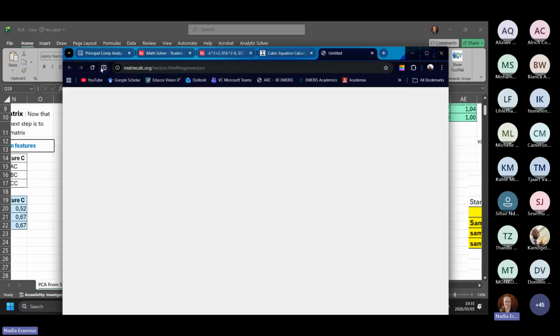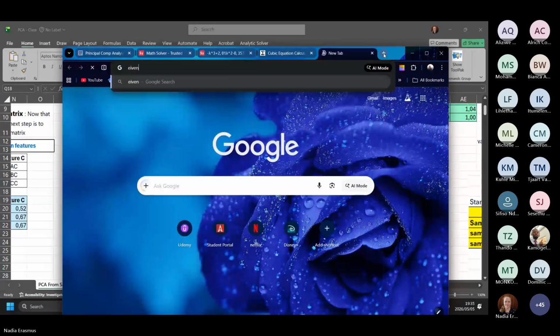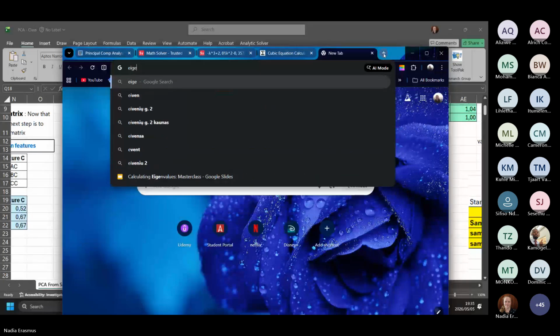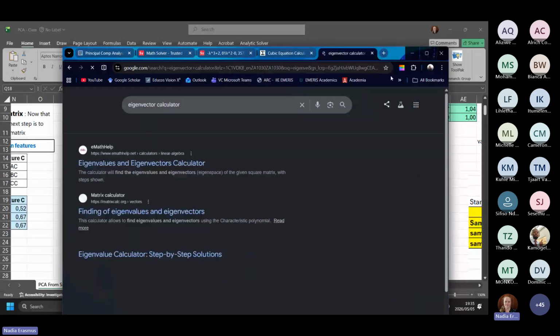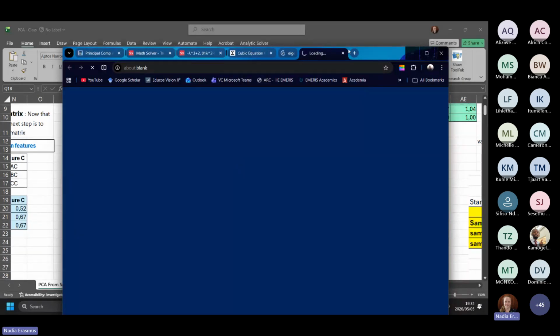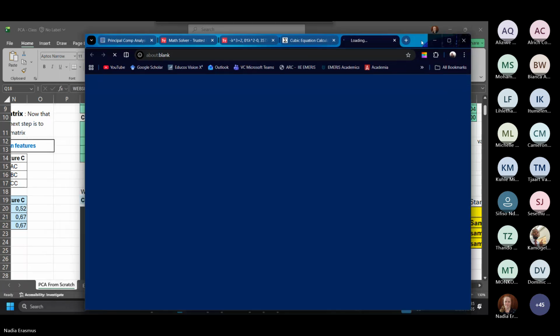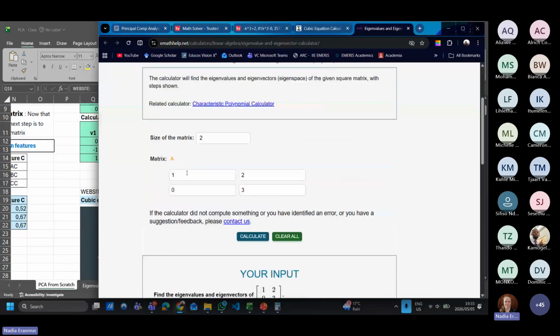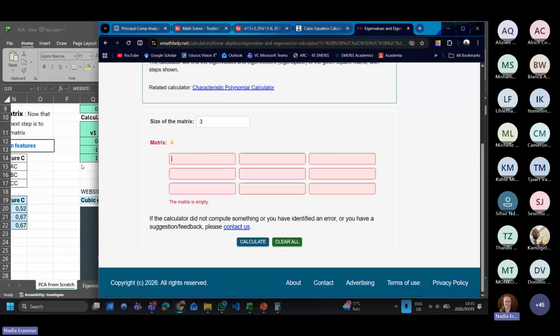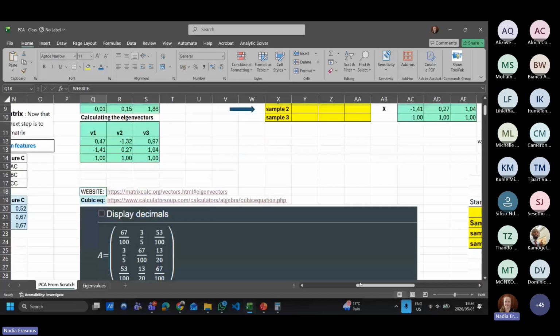It doesn't look like it's working. Should be an eigenvalues and eigenvectors calculator, if the internet works. Thank you very much for picking up on that, because it does happen. Somewhere you just make one small mistake and then everything is ruined.